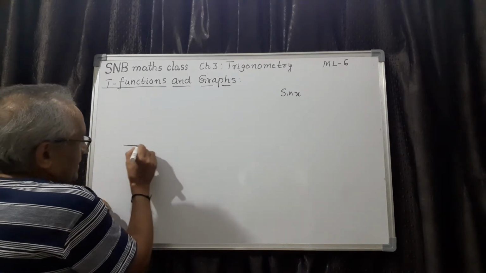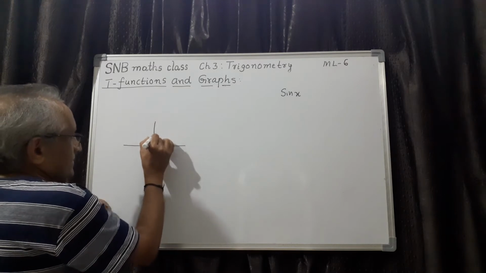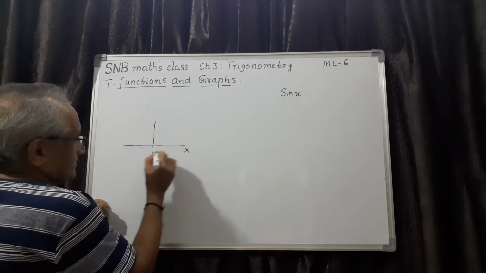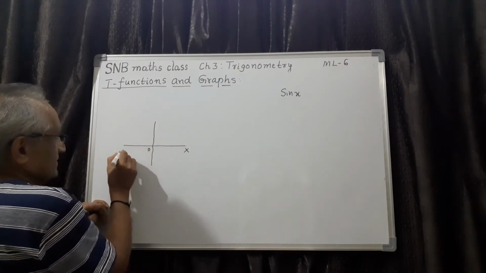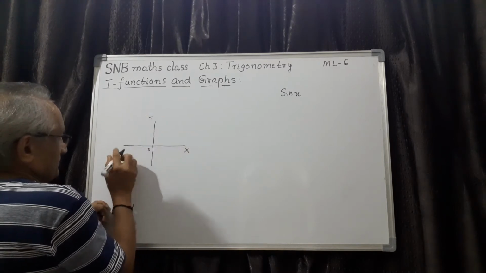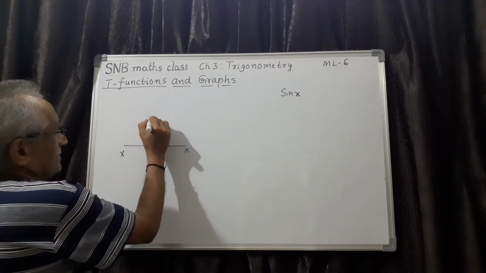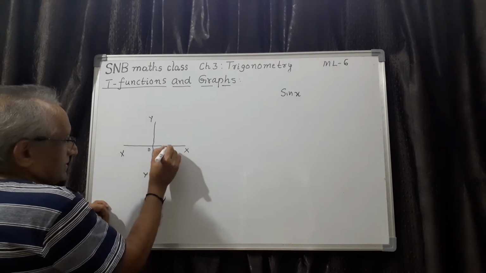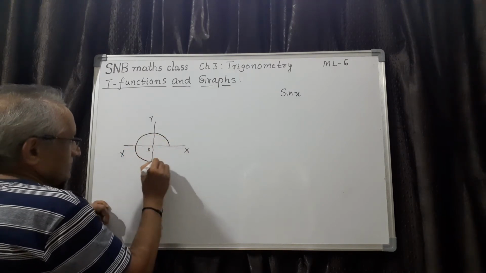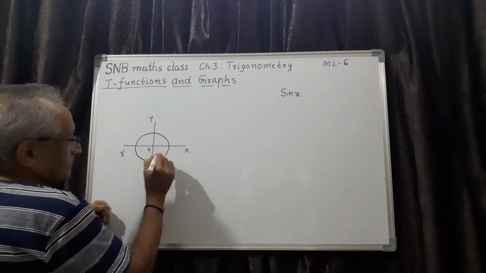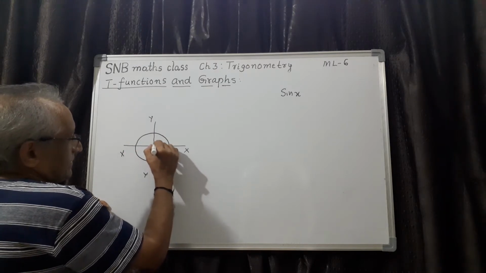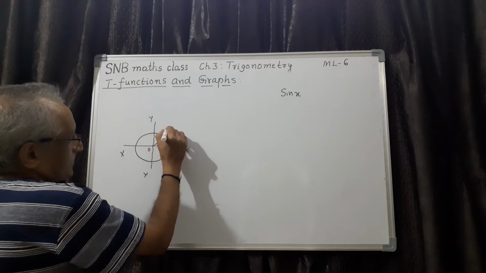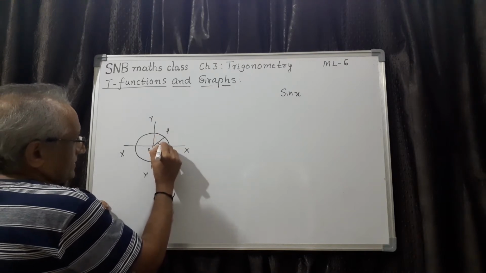Say you take a coordinate system x, o, x dash and y, y dash. Take a unit circle, and take any radius, say OP, this is x.